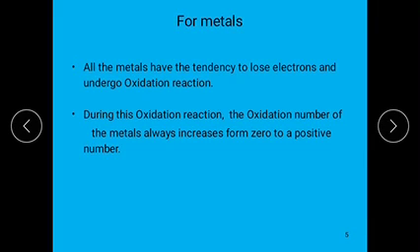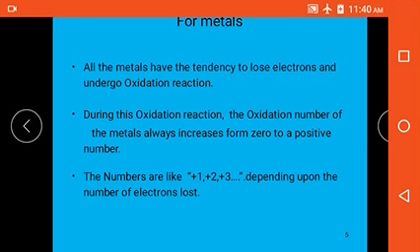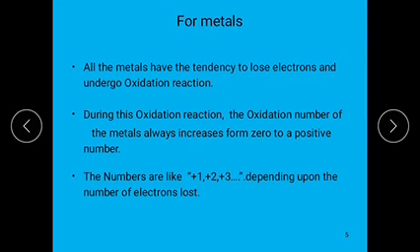In that case, the oxidation number of the metal always increases from 0 to a positive number, like +1, +2, +3, depending upon the number of electrons lost. Whenever electrons are lost, metals form cations, and the oxidation number increases from 0 to a positive number.